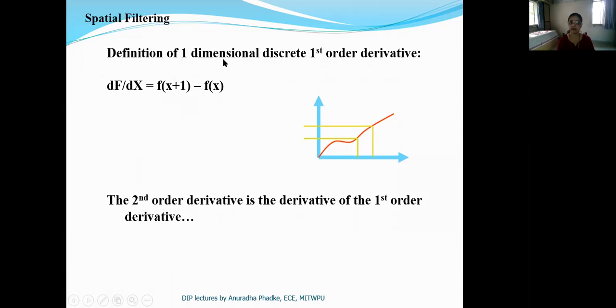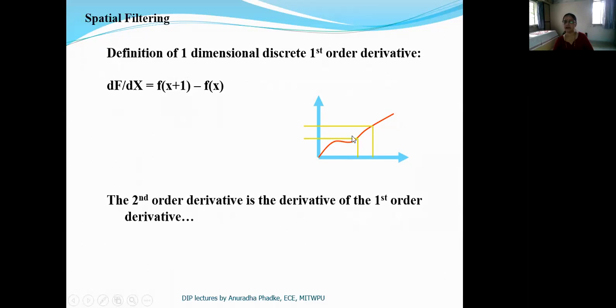Now let us have a look at how we can design a mask or a spatial filter which can give us this sharpening filter operation or differentiation operation. Again, start with a one dimensional signal. As shown here, this is a one dimensional signal, and say this is your x-axis.